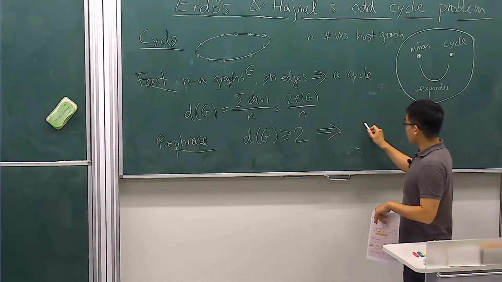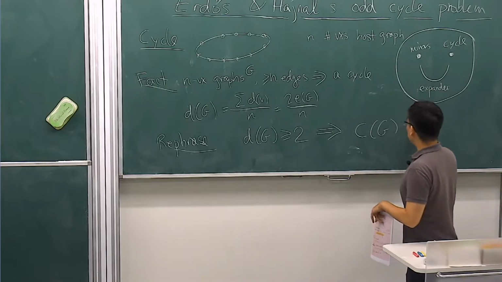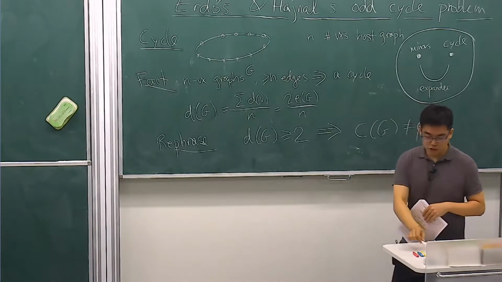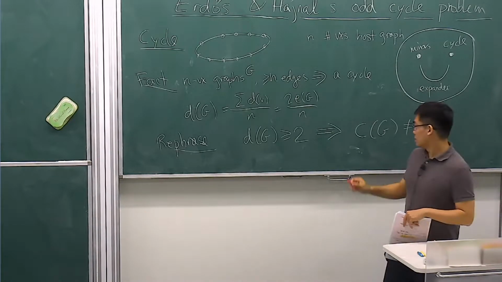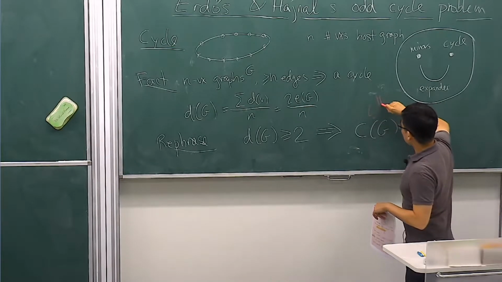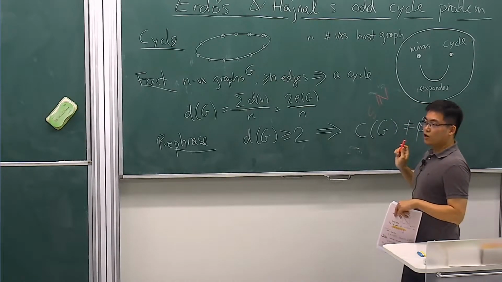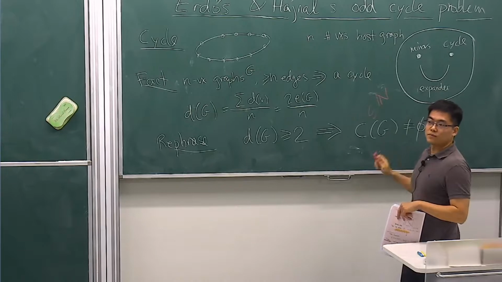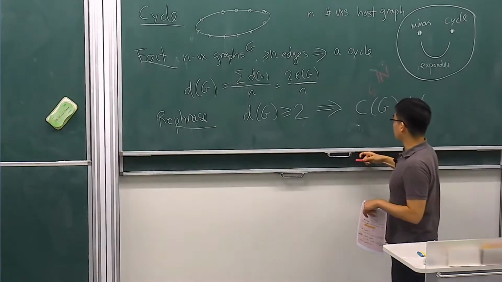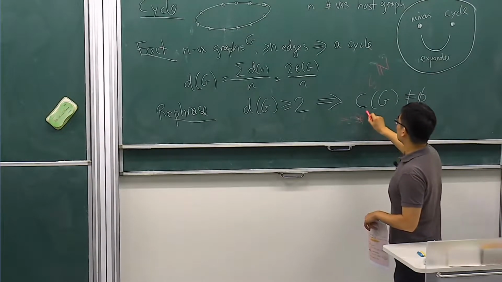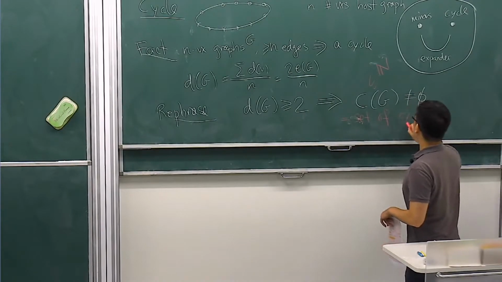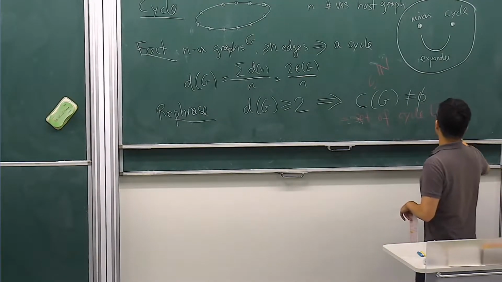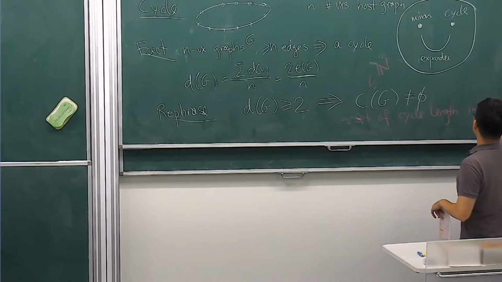But I will write it as C_G is non-empty, where C_G is a subset of the natural numbers containing all distinct cycle lengths in G. Okay? So let me define it to be the set of cycle lengths in G.